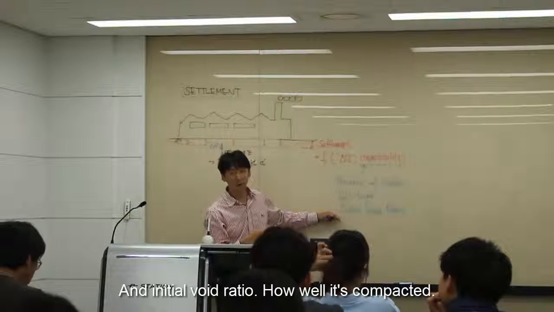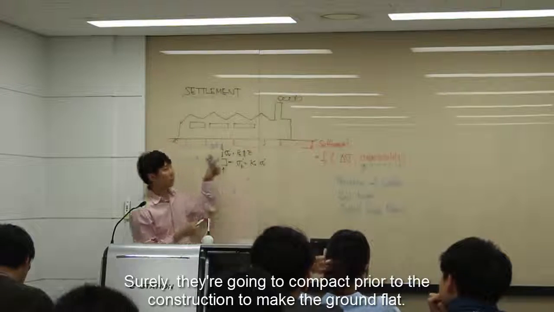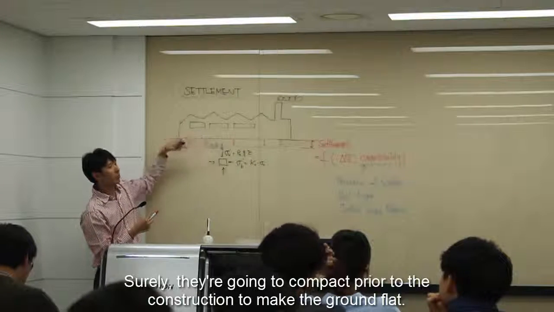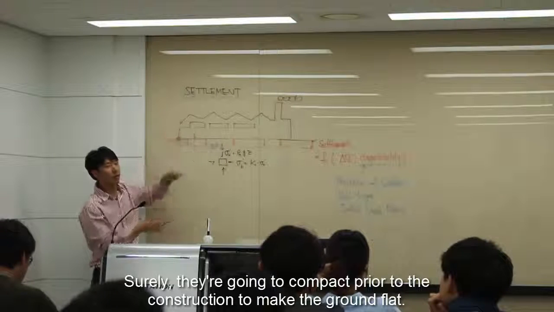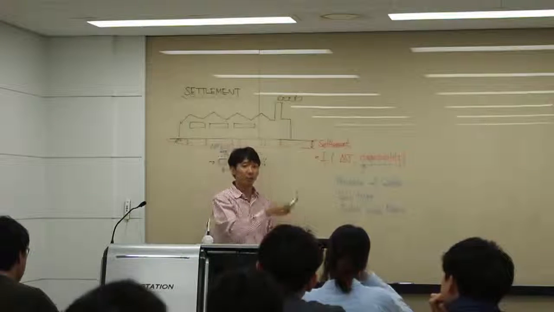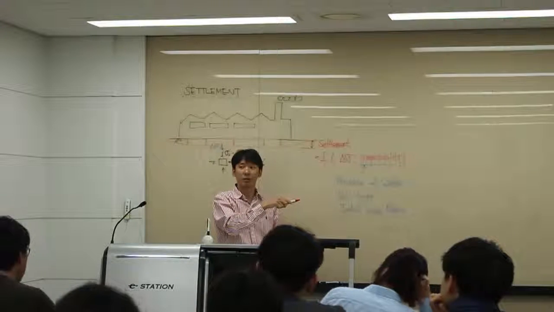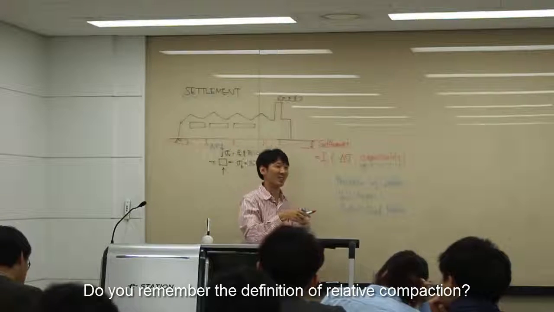And the soil type: if you have more clay content in the soil, then it's going to be more compressible. Right? Initial void ratio, how well it's compacted. Surely they're going to compact before, prior to the construction, to make it flat. So they're going to compact it with the compactor, and depending on the dry density and relative compaction, if you remember the definition of relative compaction, what's the definition?